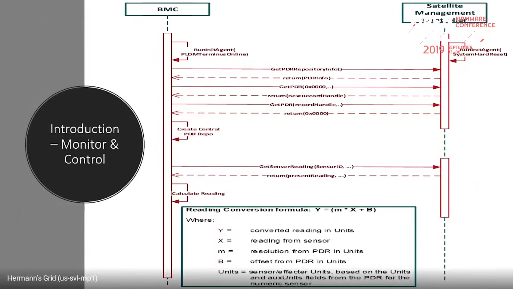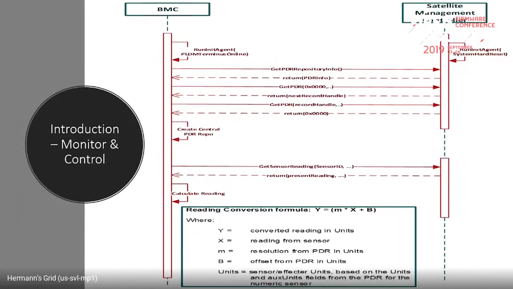So the BMC will run the run init agent. What the run init agent does is it looks for the initialization platform descriptor records, for example, numeric sensor effectors that are associated with the terminus.